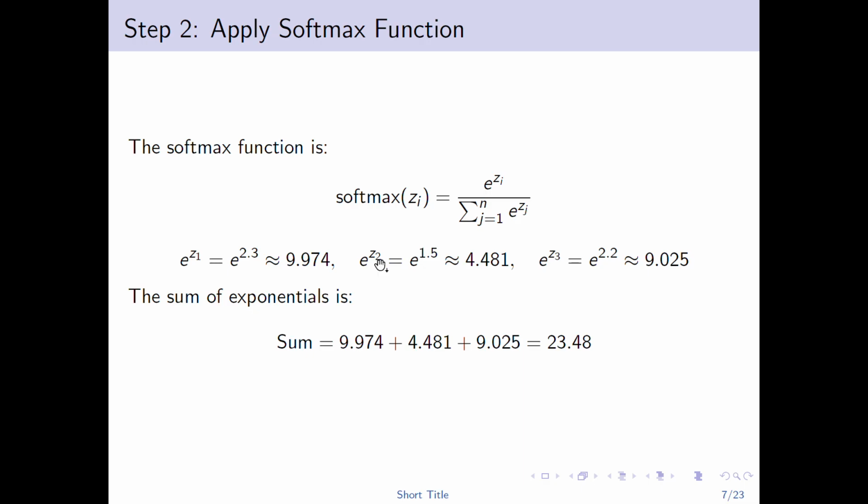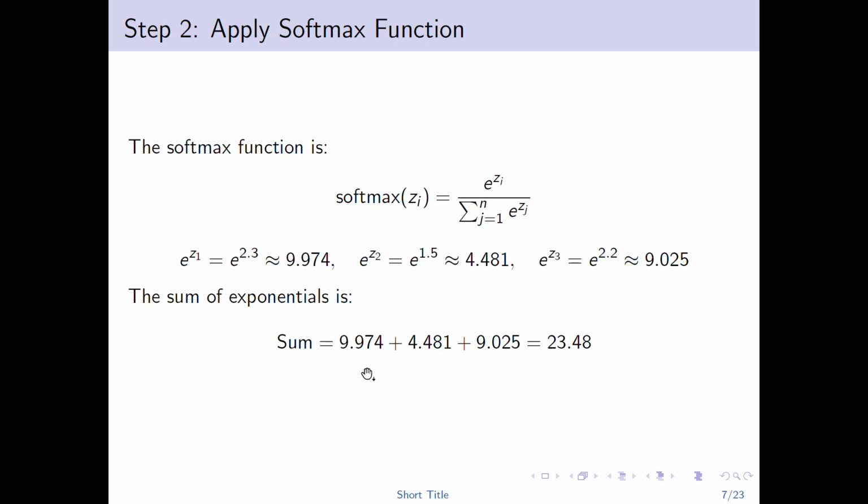Then e raised to Z2, e raised to 1.5, is 4.481. Now e raised to Z3, e raised to 2.2, is 9.025. So these are the individual e raised to Zi terms that we got.